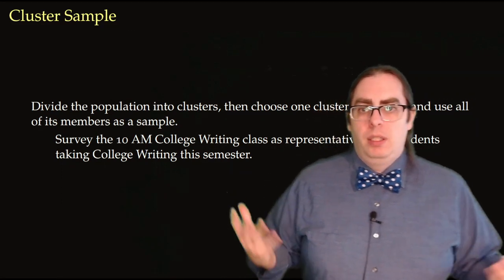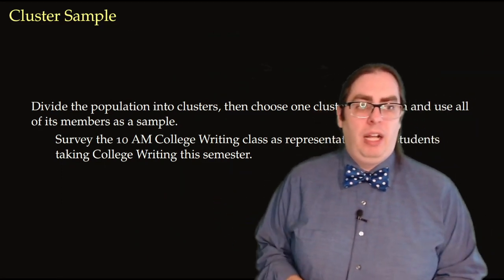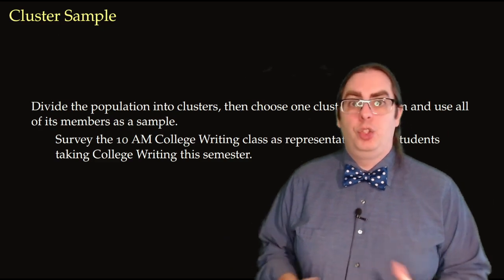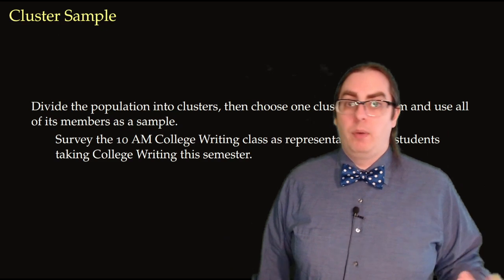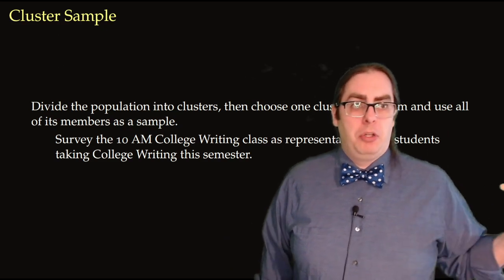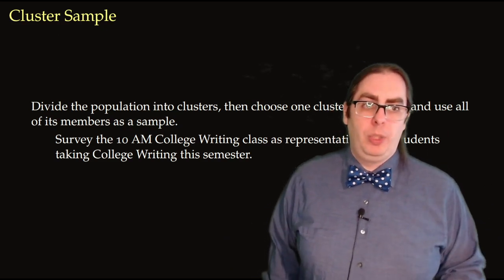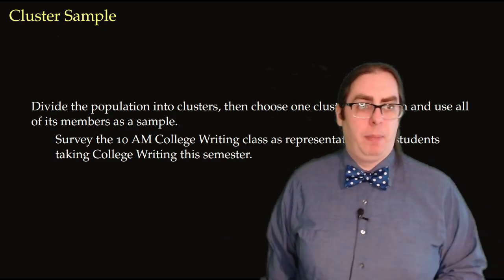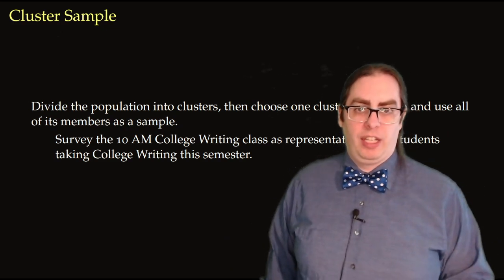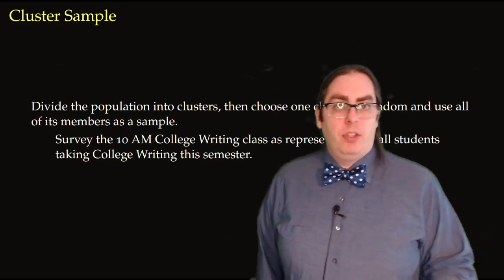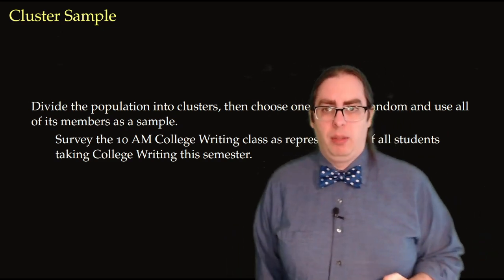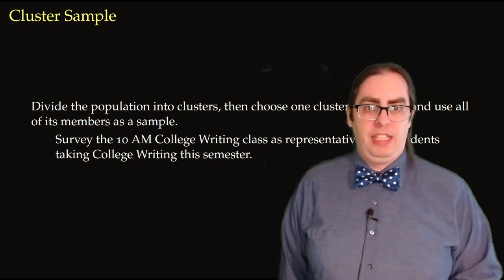Generally speaking, there are a lot of ways that choosing a class section like this is going to give you a very representative sample. There's probably not much difference between the students who decide to take a class on Monday, Wednesday versus the students who decide to take a class Tuesday, Thursday. There might be a difference between students who want to take a class in the morning versus students who want to take a class in the evening.